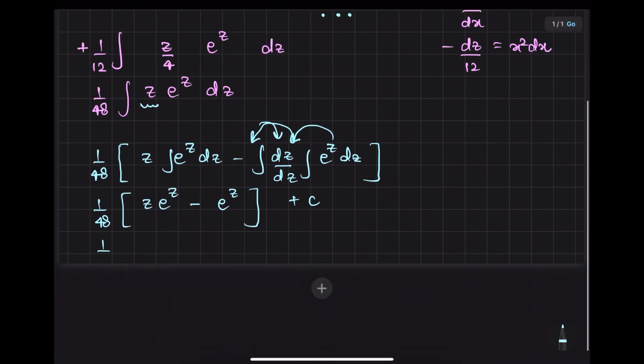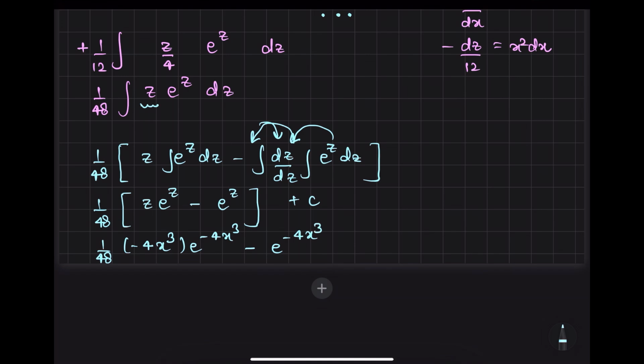So let's do it. 1 by 48 times minus 4x cube e power minus 4x cube minus e power minus 4x cube, plus integration constant c.